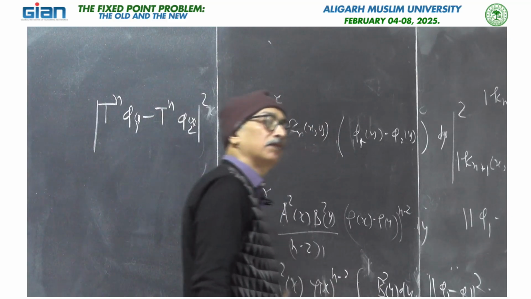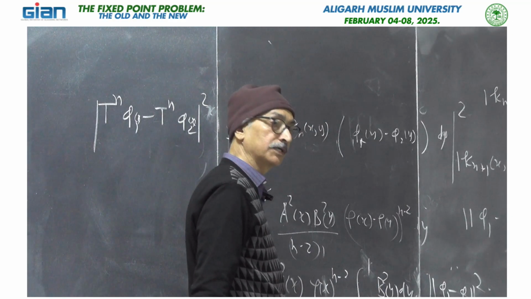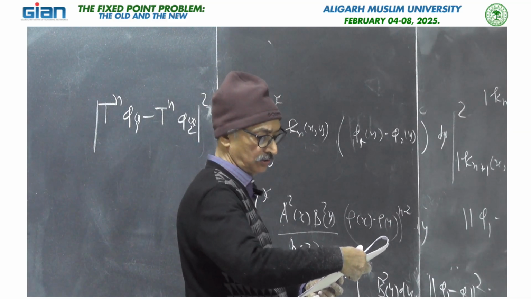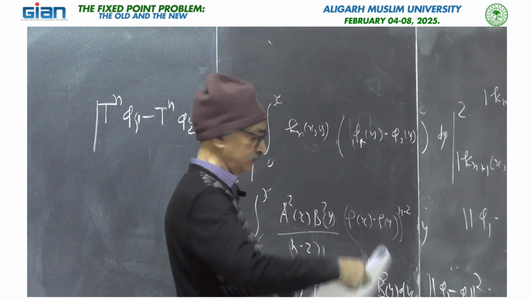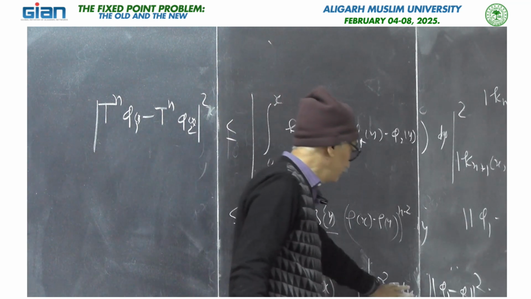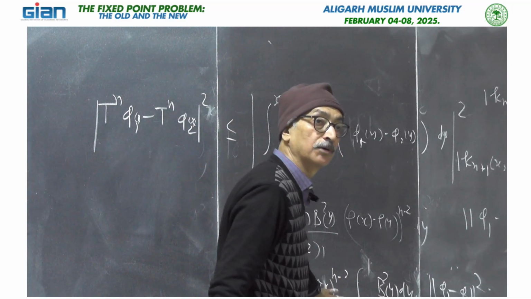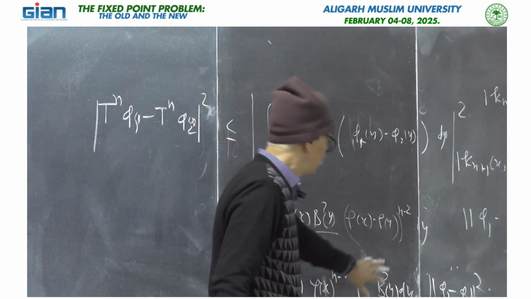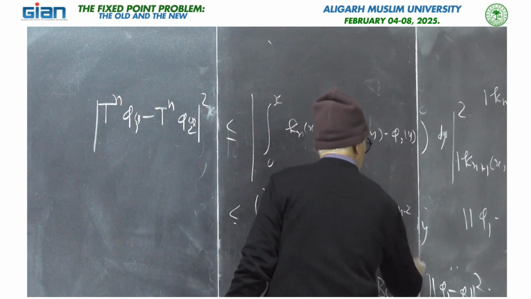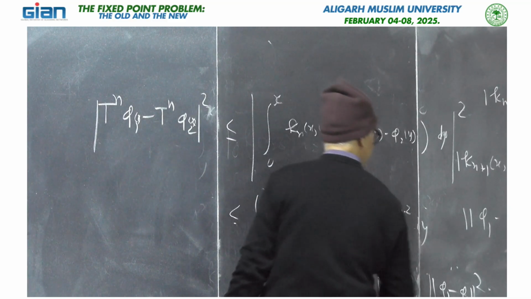So you have m square, and m square over factorial n minus 2. It doesn't matter whether it's square or not, it's a large quantity anyway. So overall you have control of something like m1 over n minus 2 factorial.